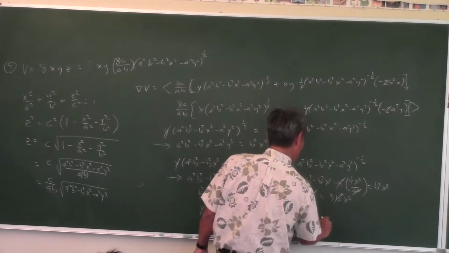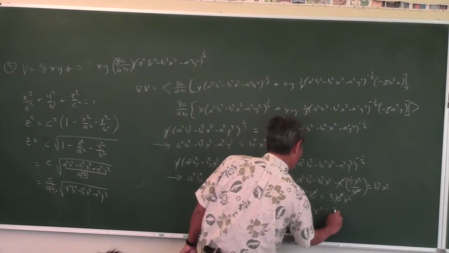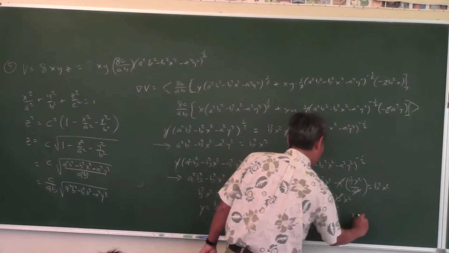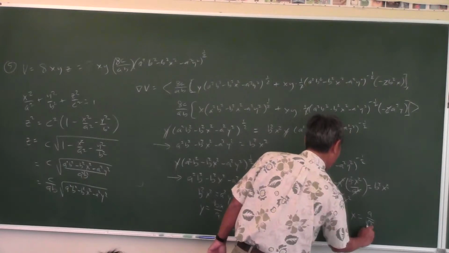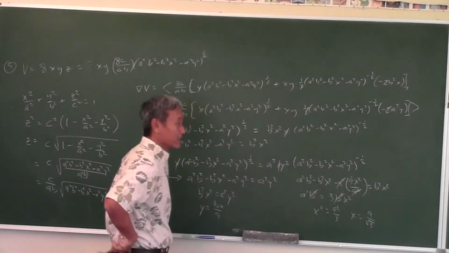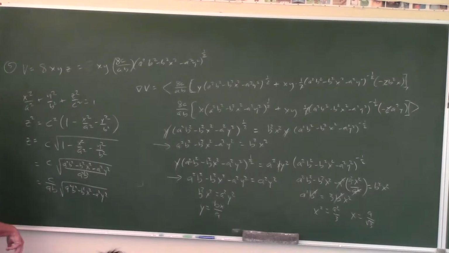The b squareds cancel out, so x squared is equal to a squared over 3, therefore x equals a over root 3. Plus or minus, but again, we're assuming positive. Remember, the point is in the first octant, that's why.